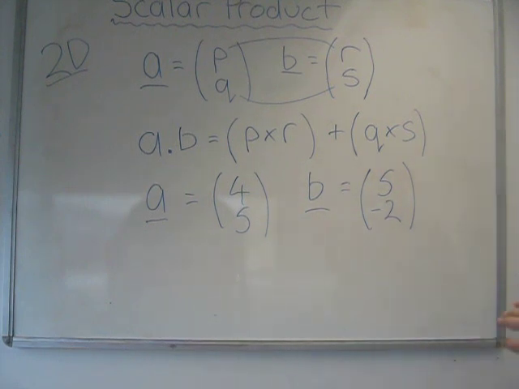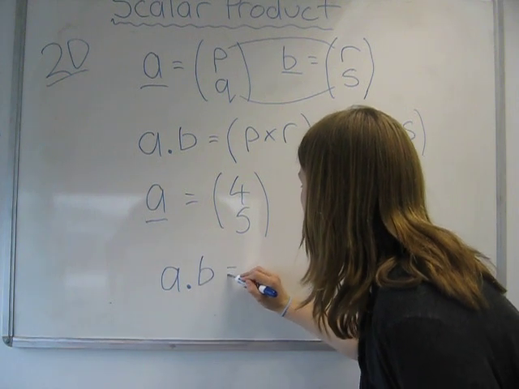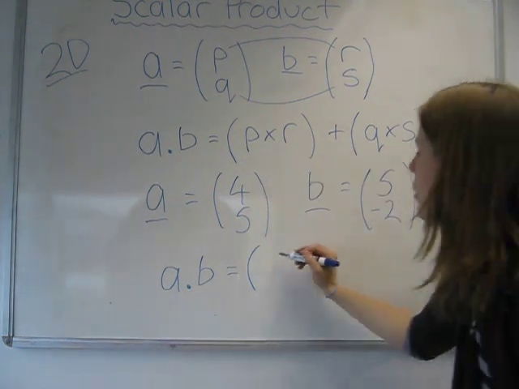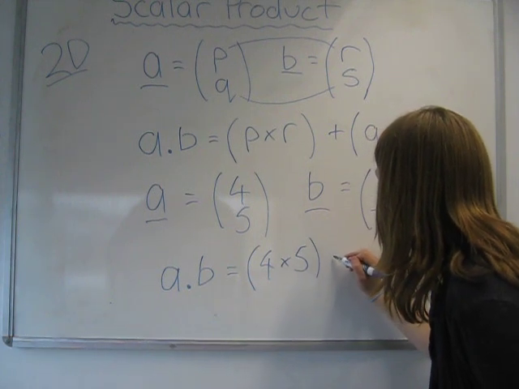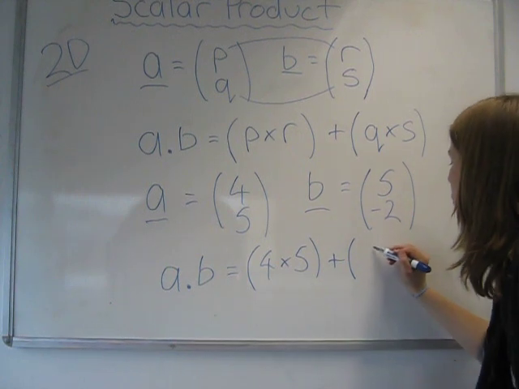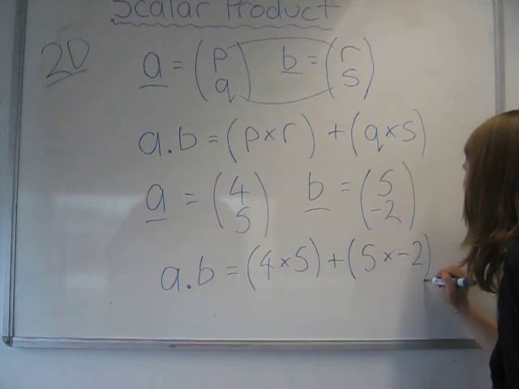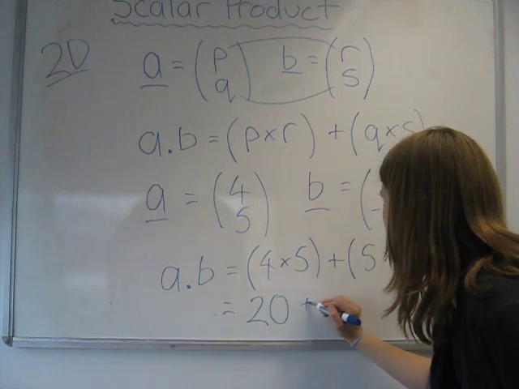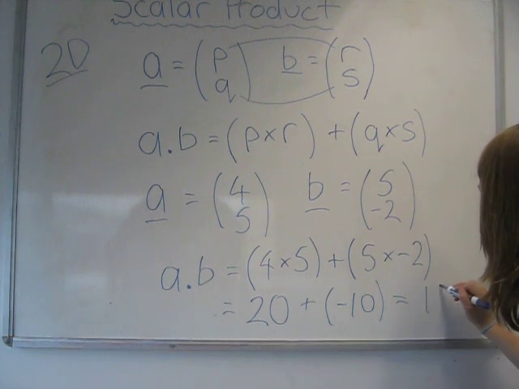If I want to find the dot product between these two, I just denote it the same way, so A dot B, and that's going to equal 4 times 5, which is the number of i units in each vector, plus 5 times minus 2, which is the number of j units in the two vectors. So that gives us 20 plus minus 10, and that's going to equal 10.